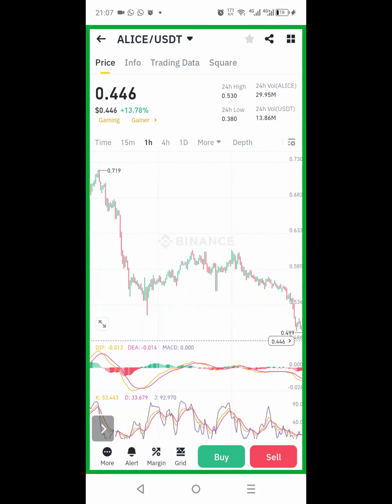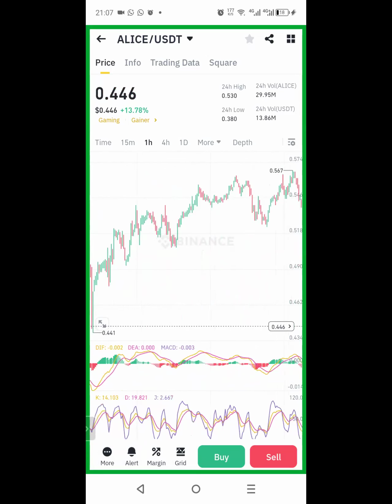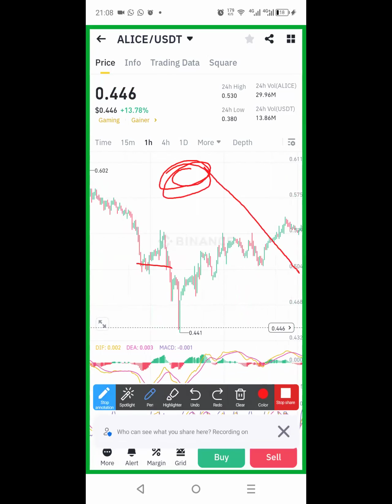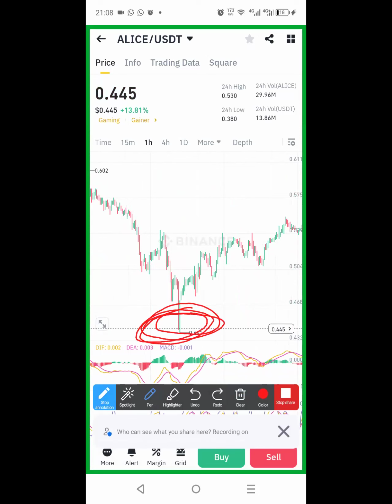But when it reaches this particular area, I think this is when the coin bounces back up. This is when it starts taking an uptrend movement. From this particular area, going upward like this, the coin is in an uptrend position.